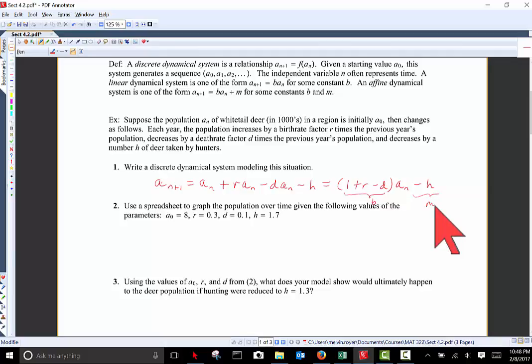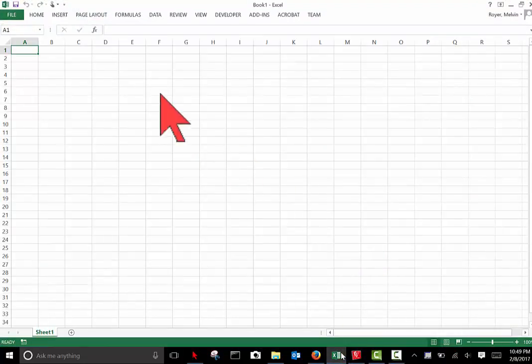All right, let's use an Excel spreadsheet to see what happens to this population over time. Let me attach my keyboard. And we will go to Excel, and here will be year and population.